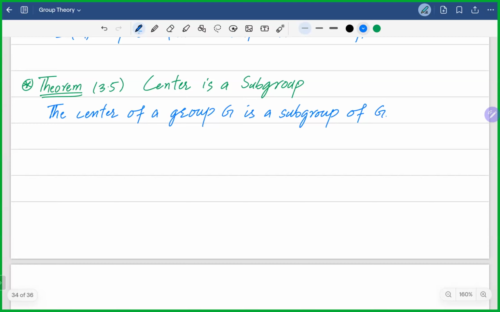The proof says that for variety, we shall use theorem 3.2 to prove this result. We can use 3.1, but we should use 3.2 now.